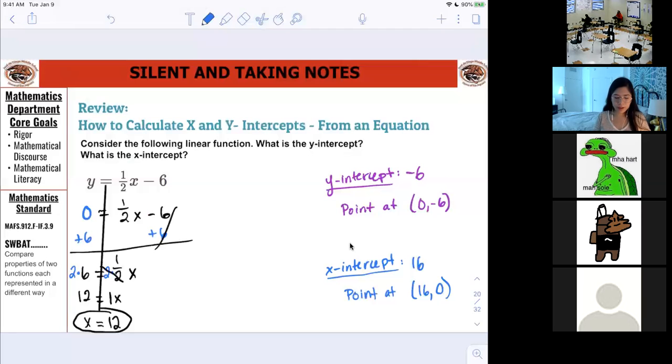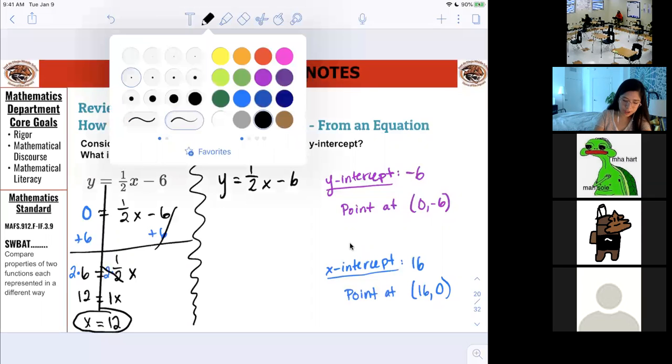Okay. And by the way, I just want to show you guys something really quickly. Let's say you forgot that the 6 in the equation is your y-intercept. Like you just kind of forgot that. That's okay. What could you plug in to figure out the y-intercept instead? x? Yeah.